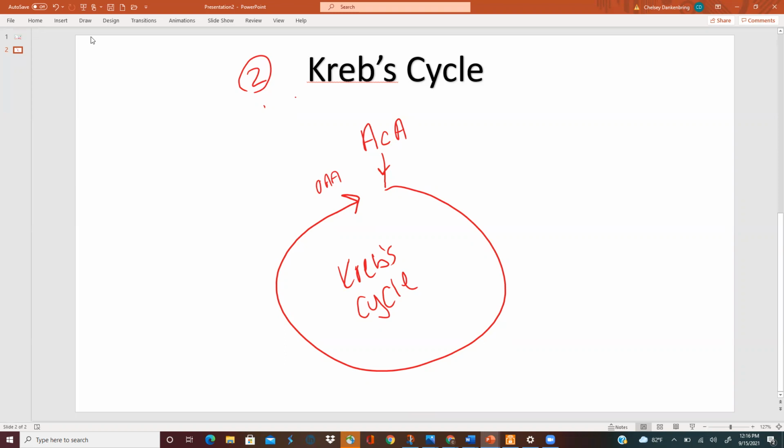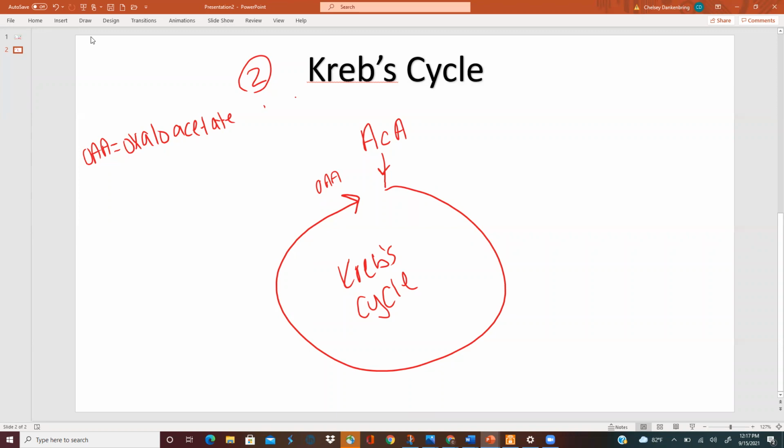It reacts with oxaloacetate to kickstart the next round of this cycle. That way it keeps going over and over again. So OAA is oxaloacetate. That's the final molecule made during the Krebs cycle that then reacts with the next incoming acetyl-CoA to kickstart the entire Krebs cycle again.